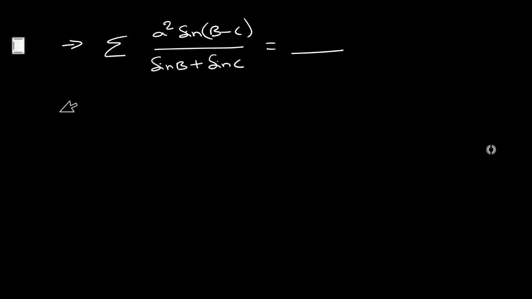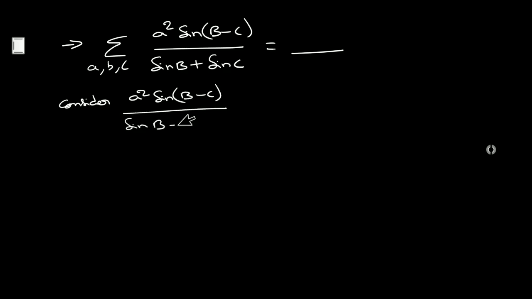So first let us take the inside value of the sigma notation. Here we have to apply for ABC. Consider a square sine(b minus c) divided by (sine b plus sine c).